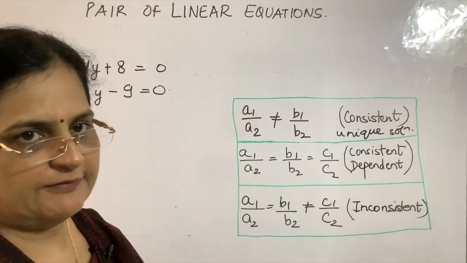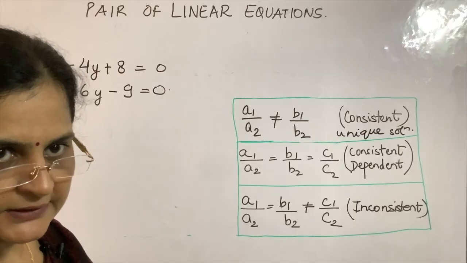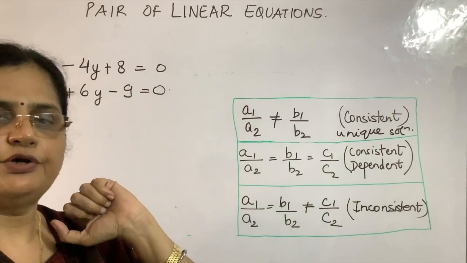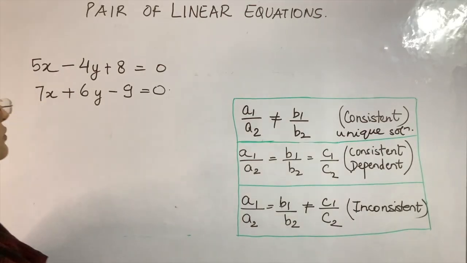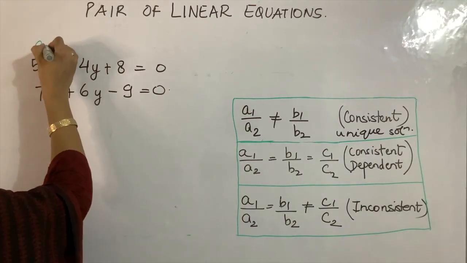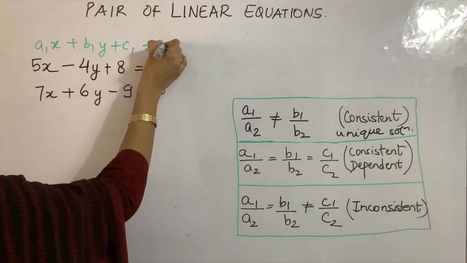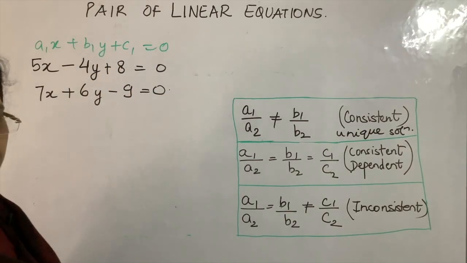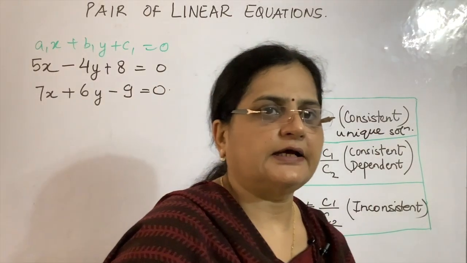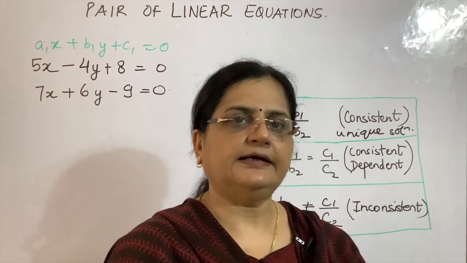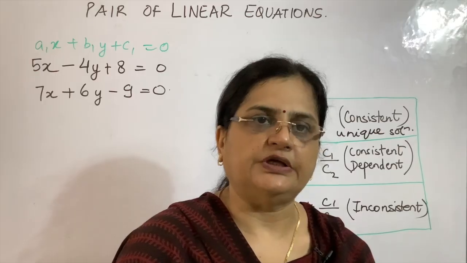The first thing you have to keep in mind before attempting these is that the right hand side should be equal to 0, because the equation we wrote was a1x plus b1y plus c1 is equal to 0. So if you have anything on the right hand side, transpose it to the left hand side, and the right hand side will become equal to 0.